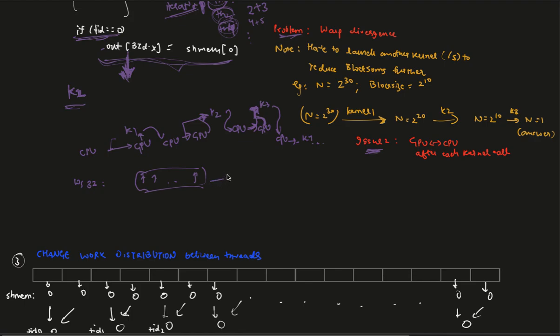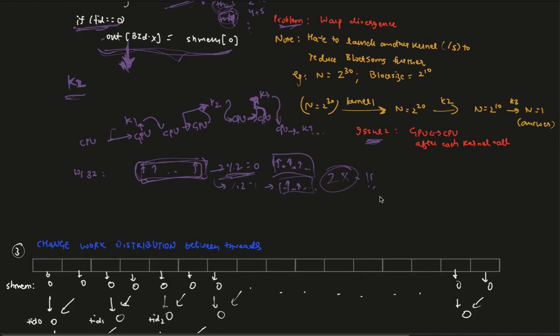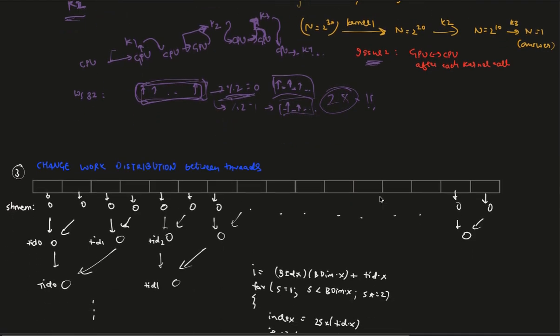If there is a branching condition where, for example, in this case all even threads execute one instruction and all odd threads execute another, the warp execution, instead of happening in just one step, will happen in two steps, where for the first only the even indices will be active, and for the second run only the odd indices will be active. So basically it takes double the time for this warp to execute, which is a problem. And the way we overcome this is by changing how the work is distributed between threads.